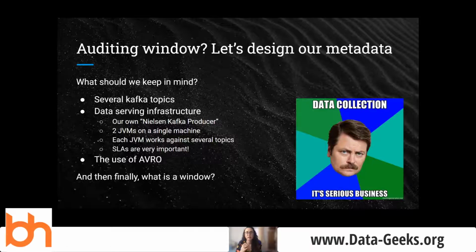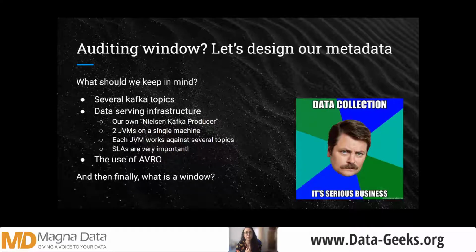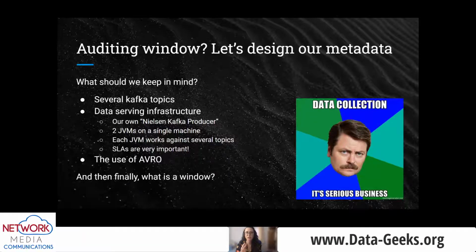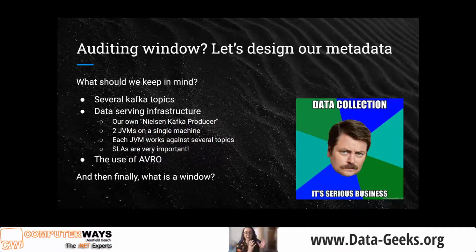The second point is some points about our data serving infrastructure. And I've mentioned them actually before. So I said SLAs are very important to them. Another thing is that they're written in Java, and each and every server in the data serving infrastructure is actually running 2 JVMs. So there are 2 processes running the data serving servers on the servers.